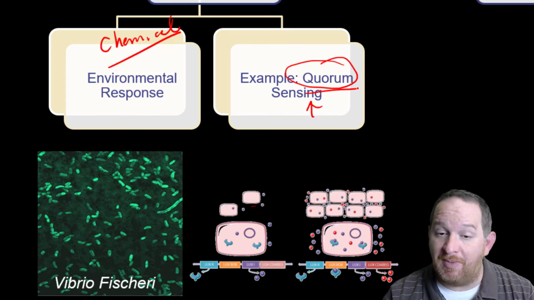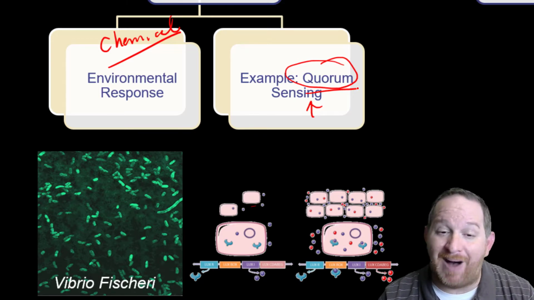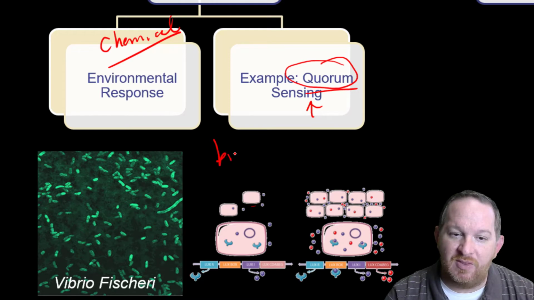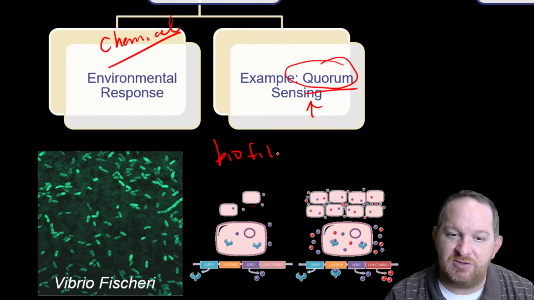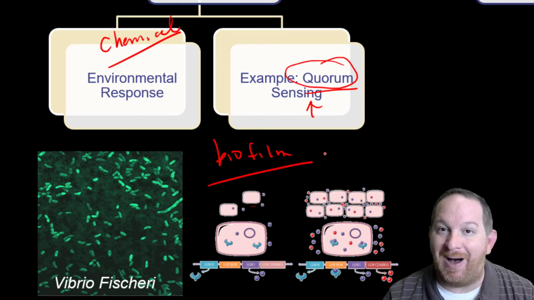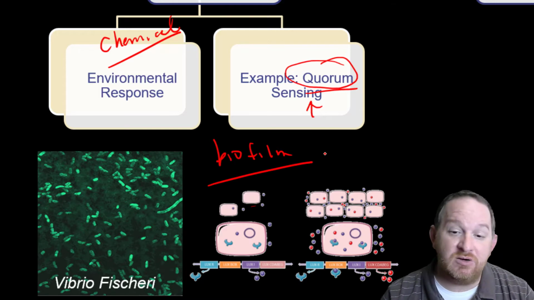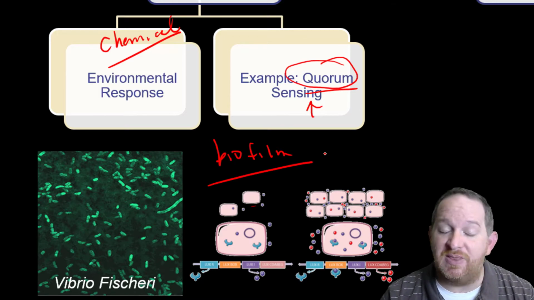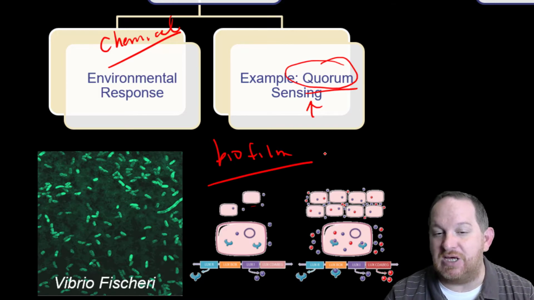But if there's a quorum of them, they might start replicating and create a biofilm. If you think about the bacteria that live on your teeth, they've created a sort of biofilm. They've multiplied because they sensed a quorum.